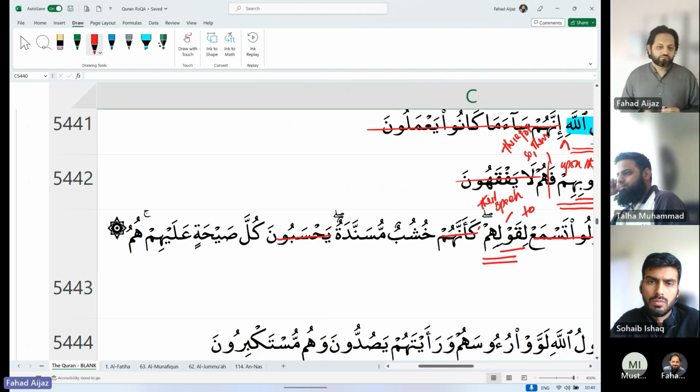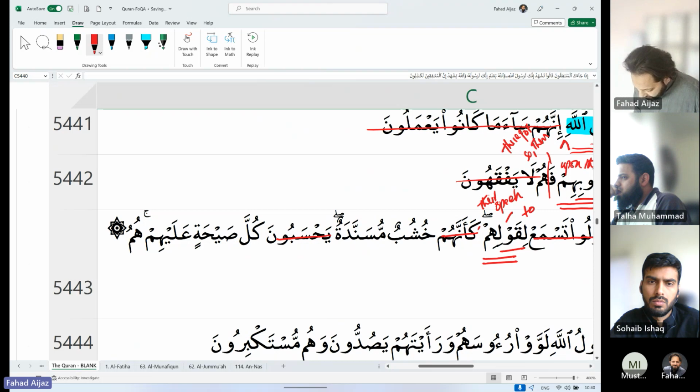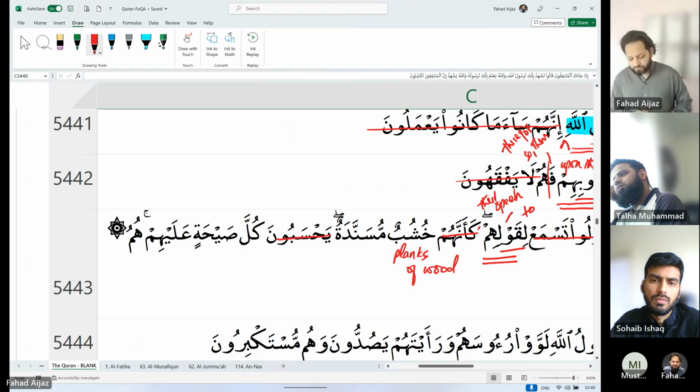Khushubun musannadatun. Now, I'll give you the meaning of khushubun. It means planks of wood. Planks of wood.